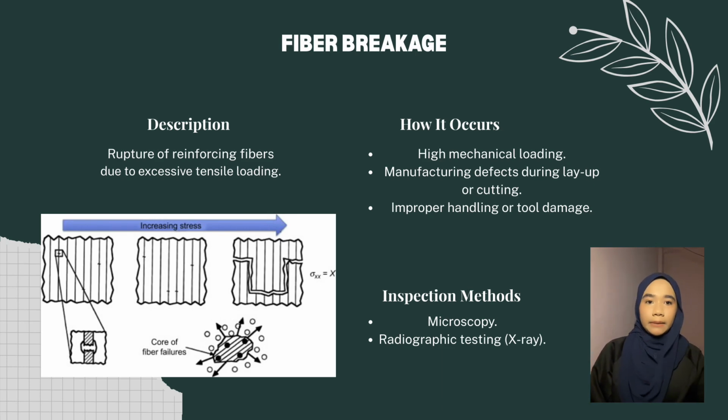For the inspection methods, first is microscopy, for close-up examination of fiber surface and failures. Next is radiographic testing, which is X-ray, for internal fiber breakage without cutting into the part.